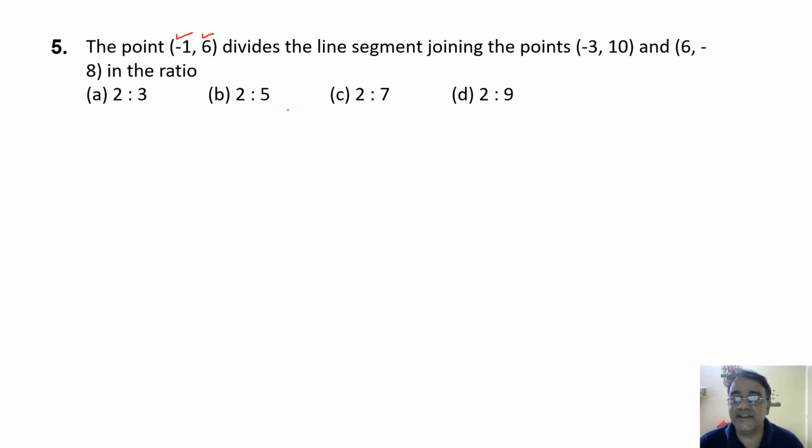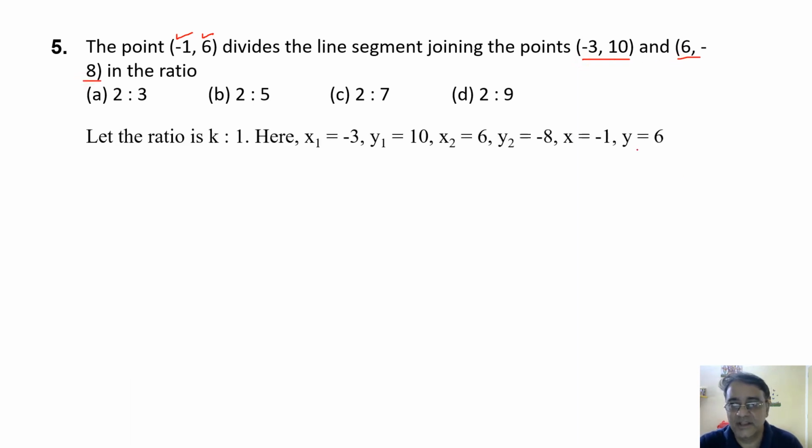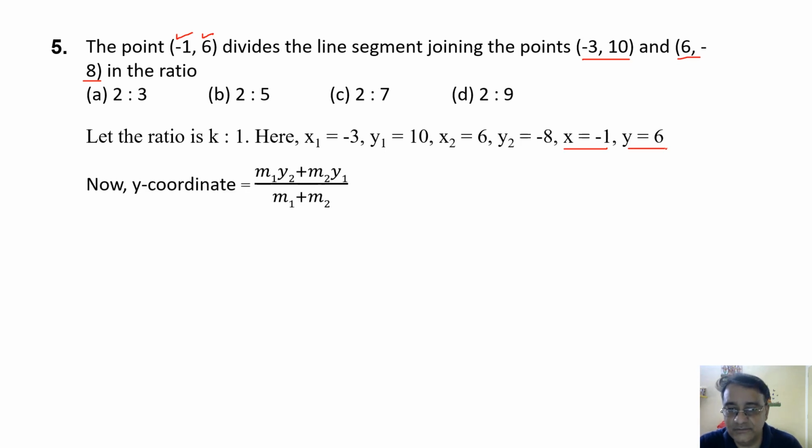So let the ratio be k to 1, and we are going to write x1 y1, that is -3, 10, and x2 y2, that is 6, -8. And x and y are given: -1, 6. So we write the y coordinate. The y coordinate is m1 y2 plus m2 y1 upon m1 plus m2.